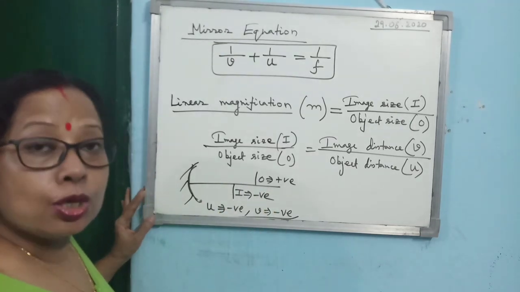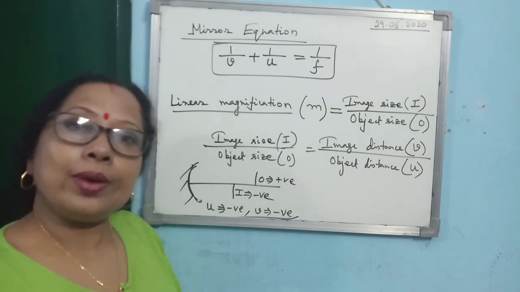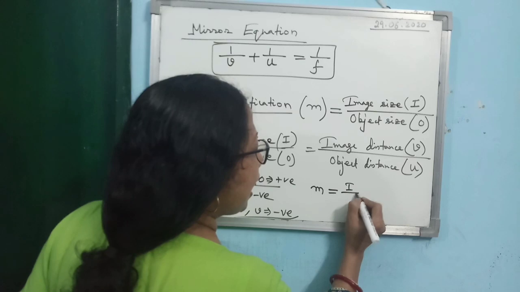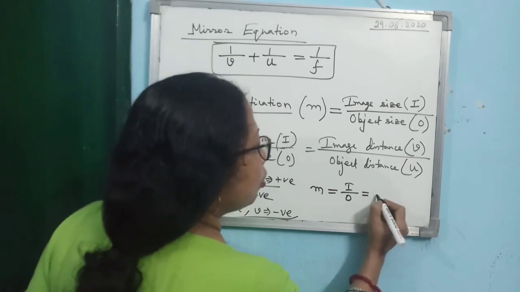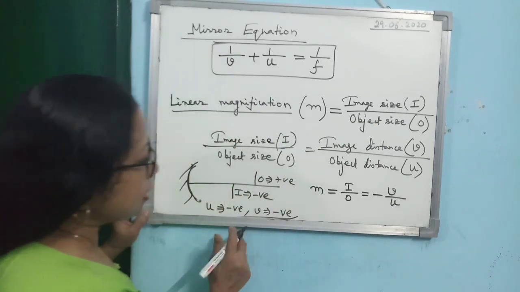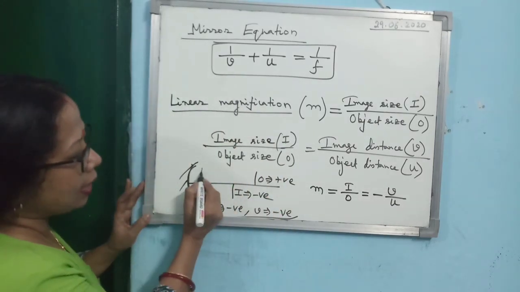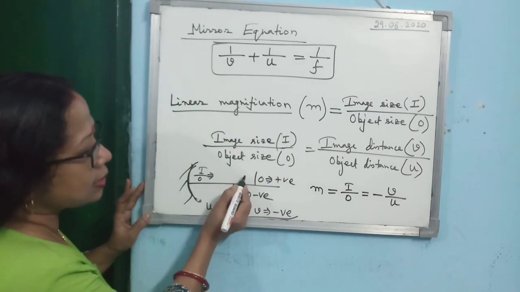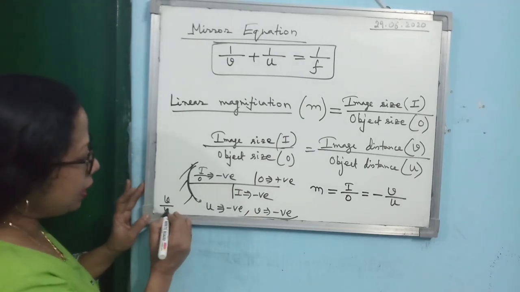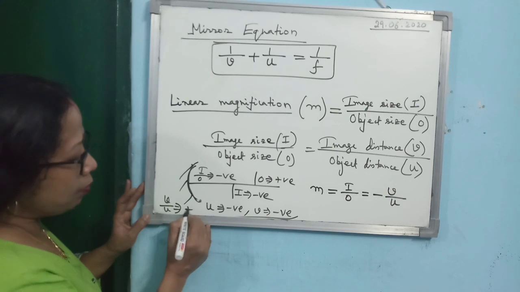So how can you equate them? This is the relation we write: I by O is equal to minus V by U. Consider this case: I by O is negative, and V by U is positive.